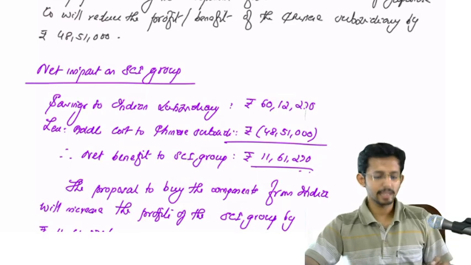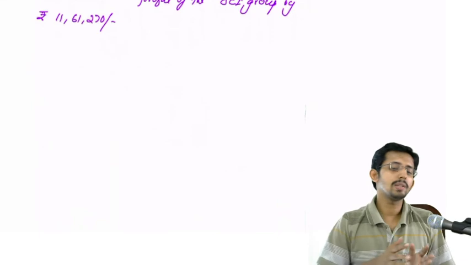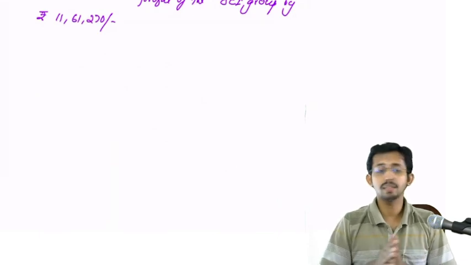See, in the problem they say that you have to present the answers in Indian rupee. That is why we are providing it in Indian rupee. Otherwise you can convert it into US dollars also and present it as US dollars.